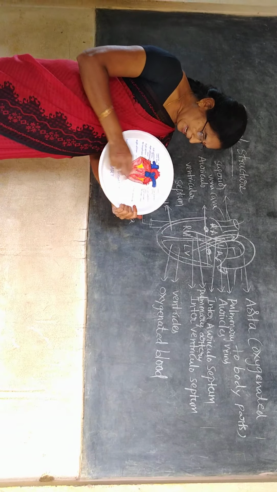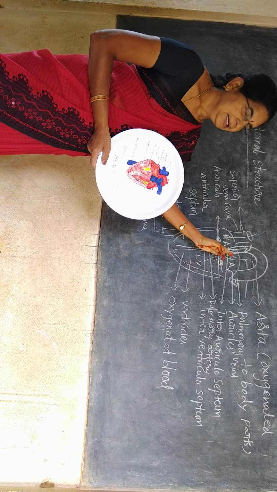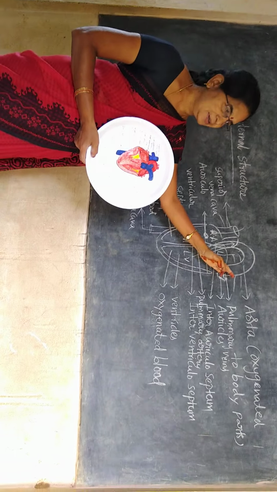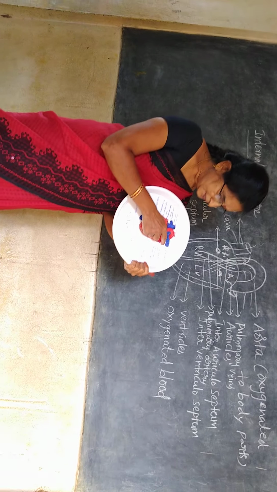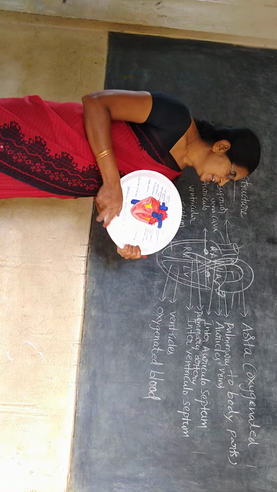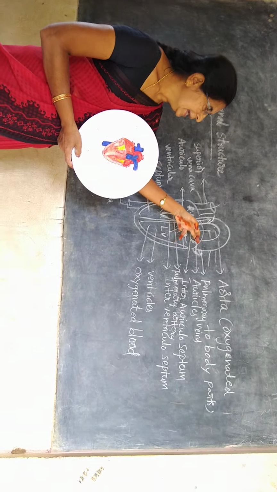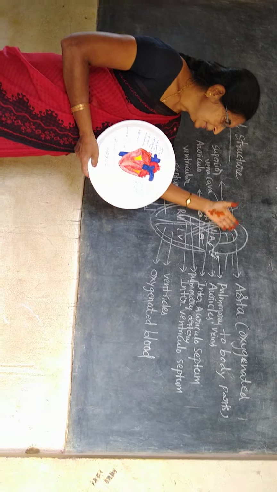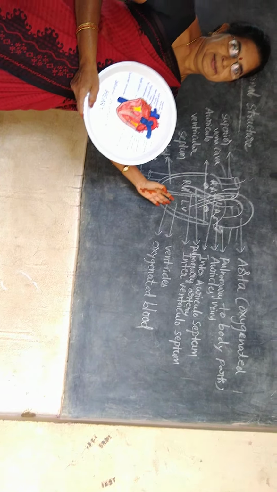The aorta arises from the left ventricle and supplies oxygenated blood to all the body parts except the lungs. And here, the pulmonary veins will collect oxygenated blood and supply it to the left auricle. So the left auricle is filled with oxygenated blood.